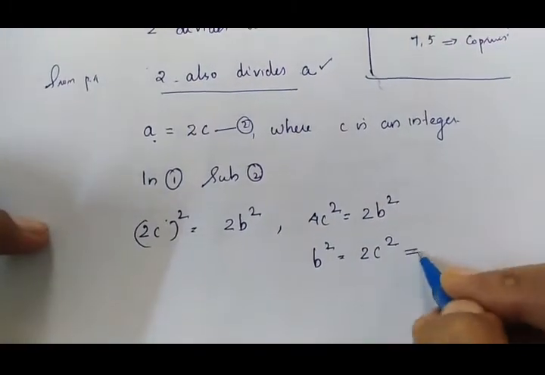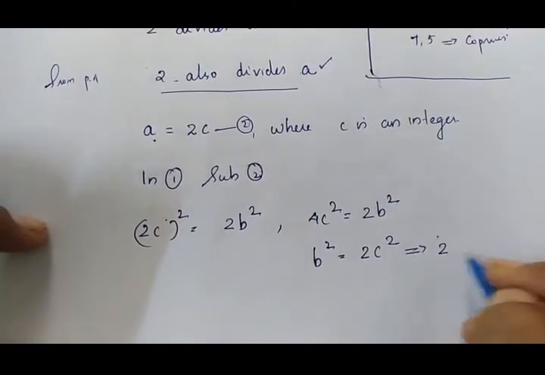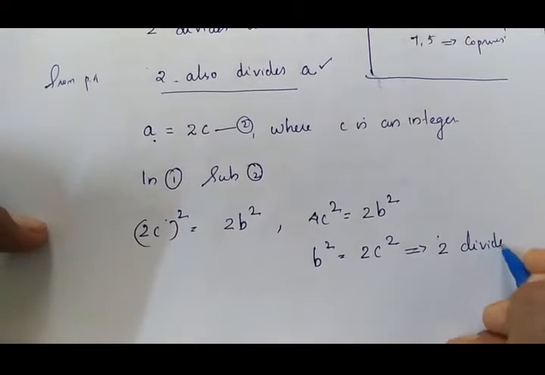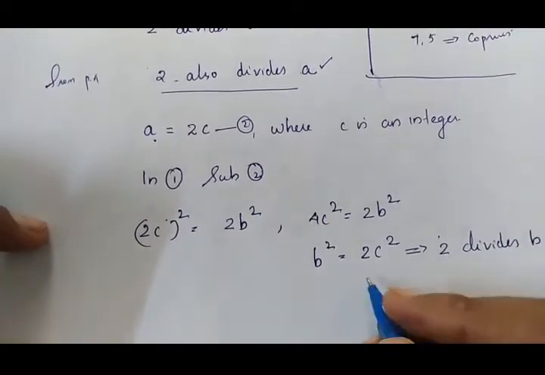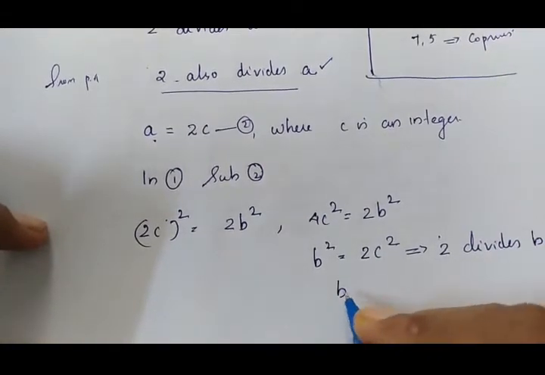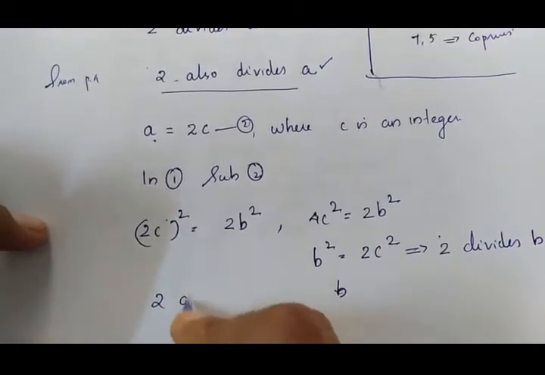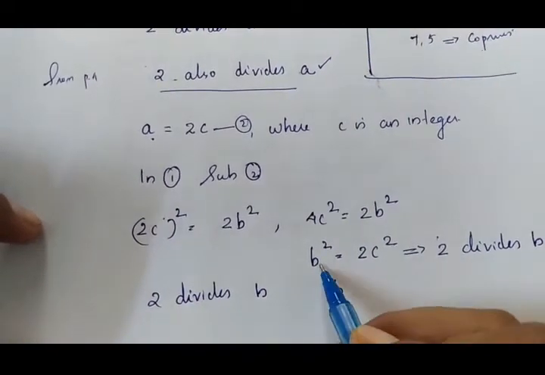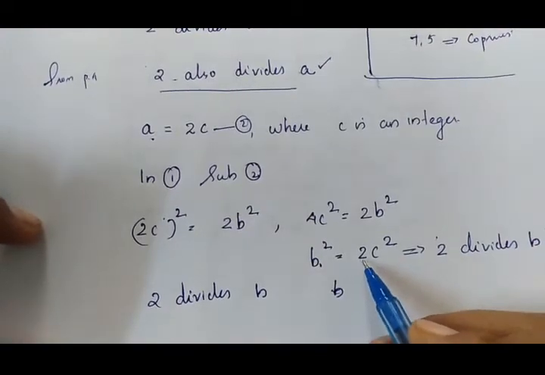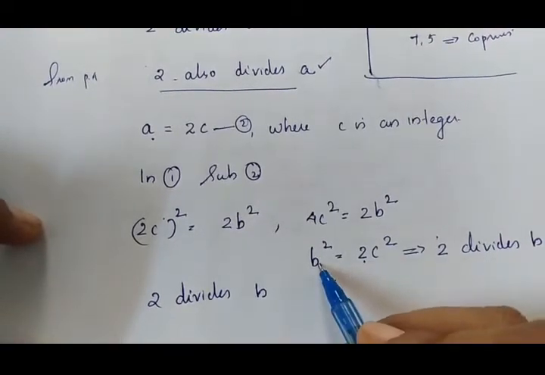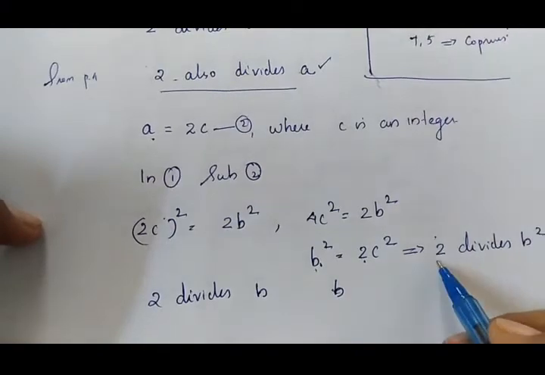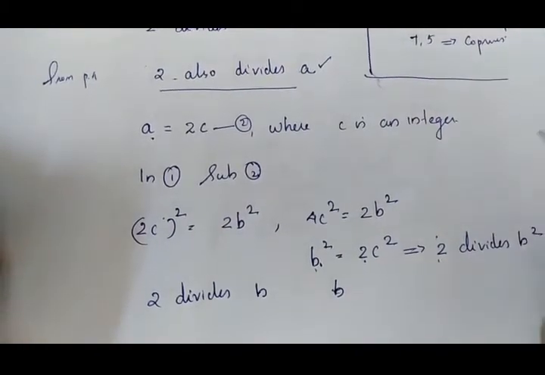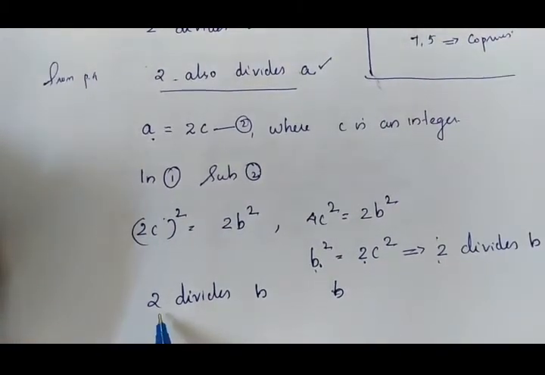Here also we can say that 2 divides b square. Here b square is equal to 2c square. So hence we can say that 2 divides b square. According to the previous theorem, we can say that 2 divides b.